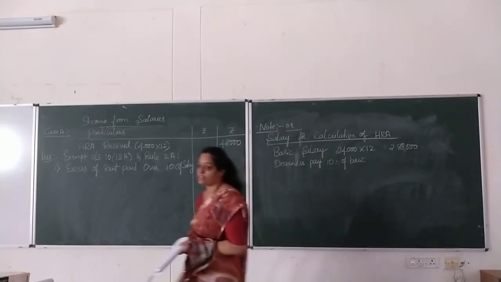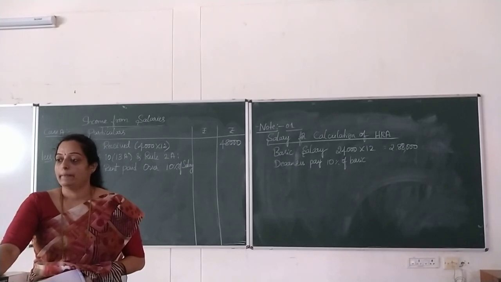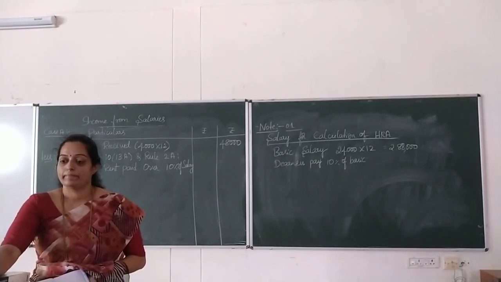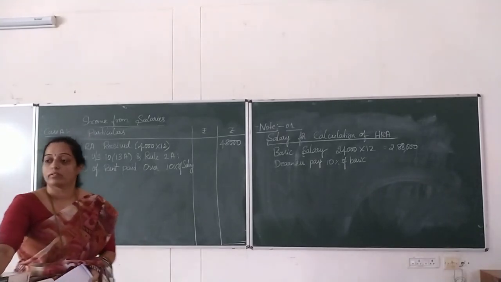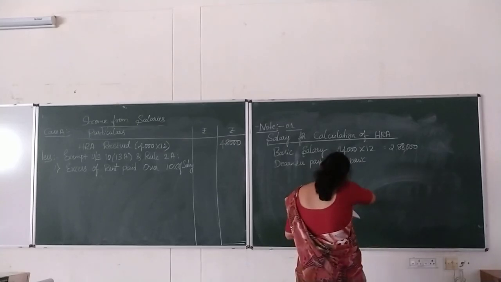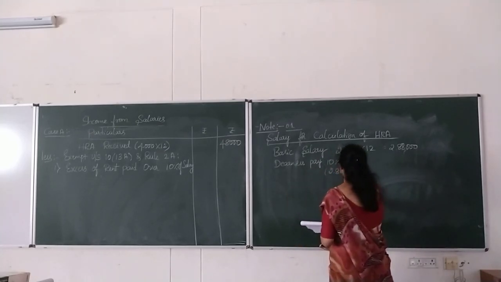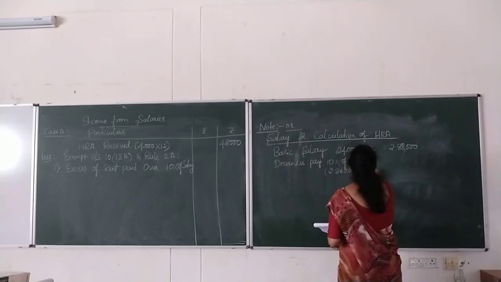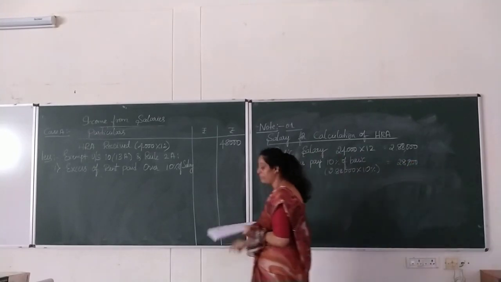What is 10% of basic? 28,800. That is 2,88,000 into 10%, which is 28,800. Next, commission based on turnover.